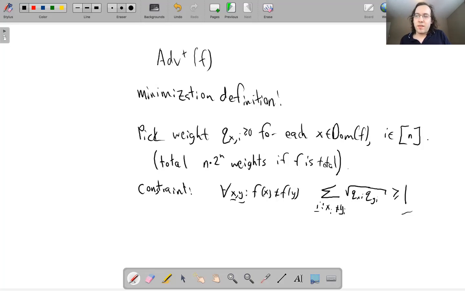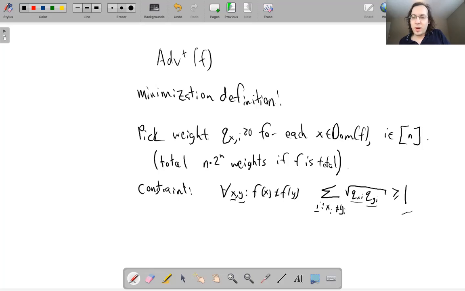It must behave differently on a 0 input and a 1 input. So in this weight scheme, instead of saying an algorithm must distinguish, we say you must distinguish using weights. You must place enough weight on the bits of 0 inputs and 1 inputs, and it should be the same bit: you pick the same i in x and in y and give weight to both in order to contribute to the sum.